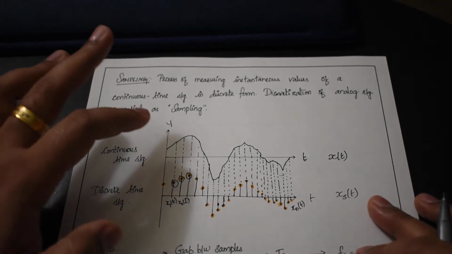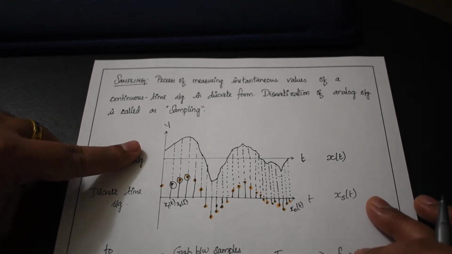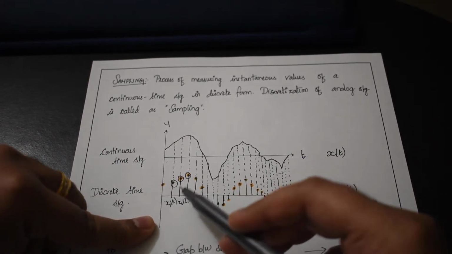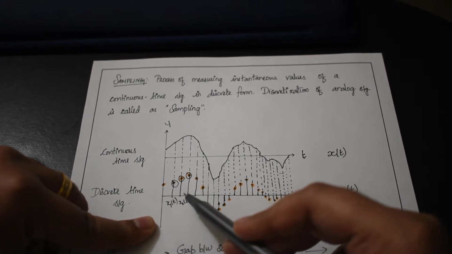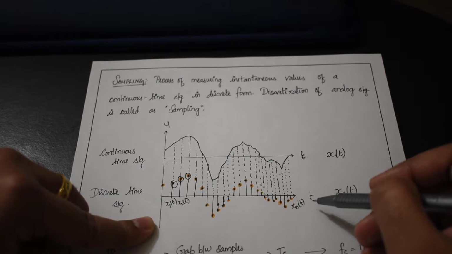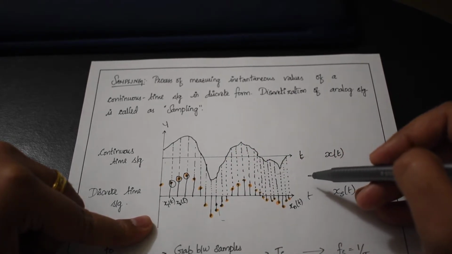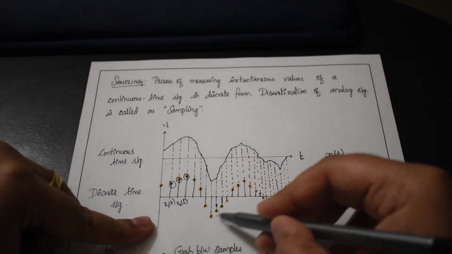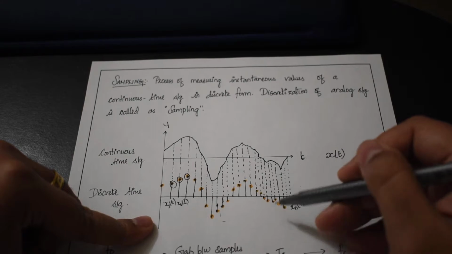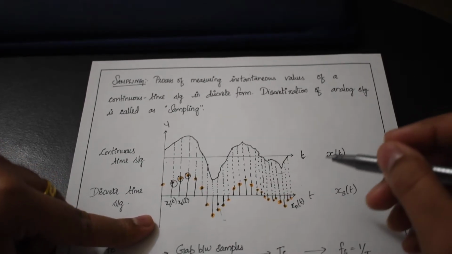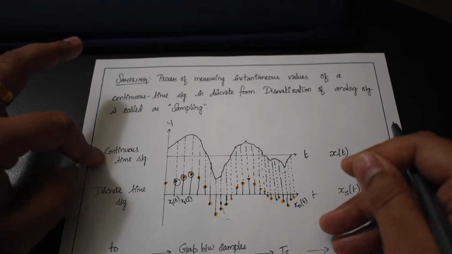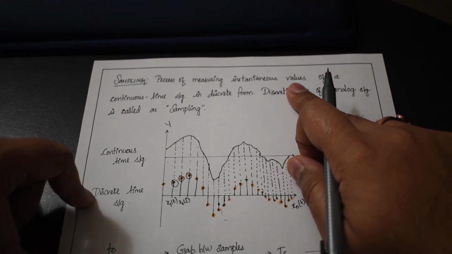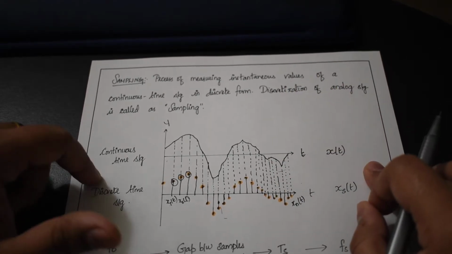We are taking the continuous time signal and making instantaneous values at certain instances, just making it instantaneous and discrete at the same time, in order to replicate back the continuous time signal. The process of making this continuous time signal into a discrete time signal by measuring the instantaneous values in discrete form is called sampling.